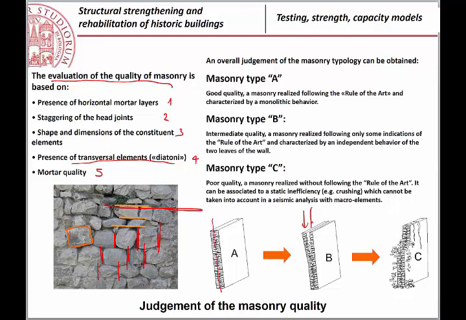Because if the blocks are very regular, you can also have no mortar, and you have a good strength, because of course you have the compression of the weight that helps you support, for example, horizontal forces. So these are 5 criteria, and depending on the judgment that you give on those, you will define the masonry quality as type A, which means good quality, or B, intermediate quality, or C, poor quality.